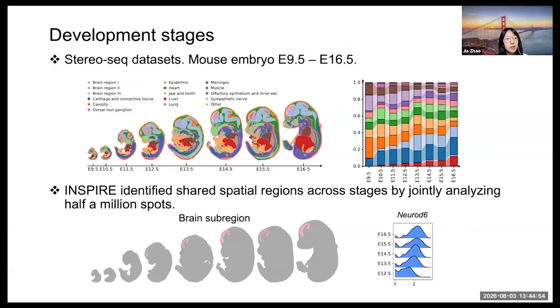Here we also apply our method to understand developmental trajectories. We collected a Stereo-seq data set, which, if I remember correctly, covers about 500,000 spots. Here we can see how the organs or tissues grow bigger and bigger with different proportions along these trajectories.